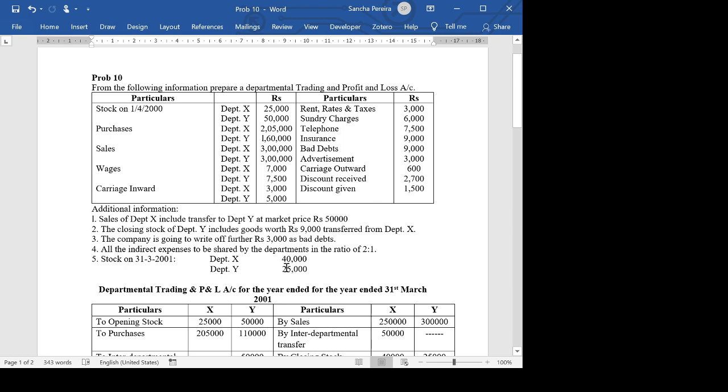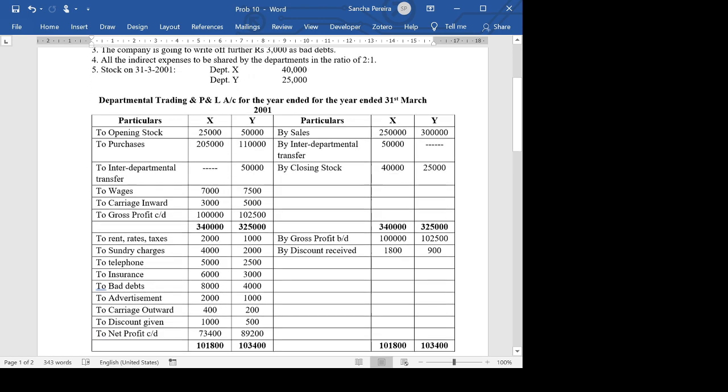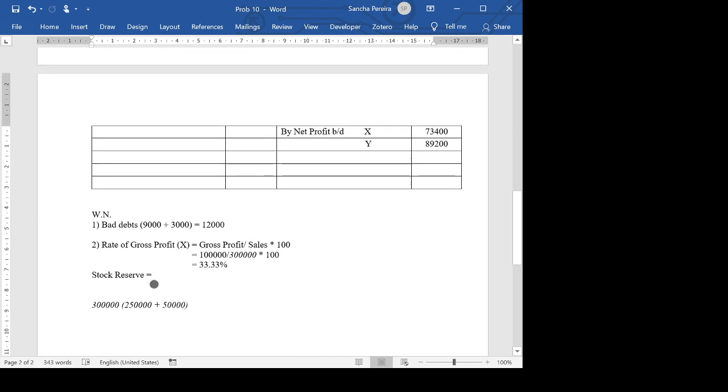But here, out of 25,000, only 9,000 has come from X. So we are going to calculate stock reserve only on 9,000. So stock reserve is equal to 9,000 into 33.33%, which is equal to 3,000. Stock reserve is 3,000.